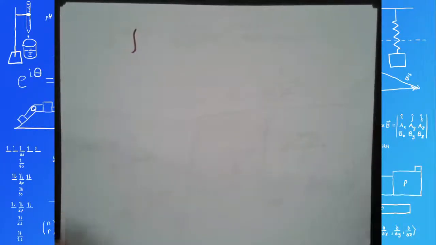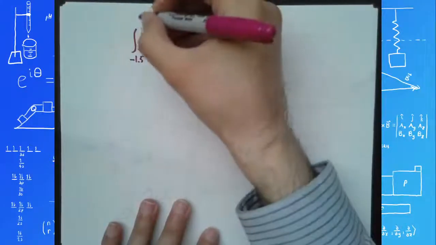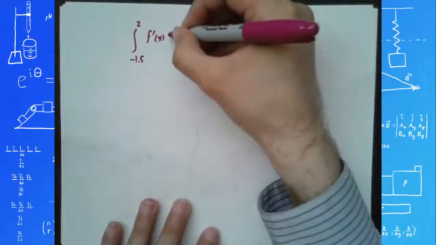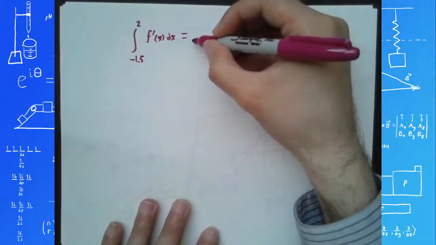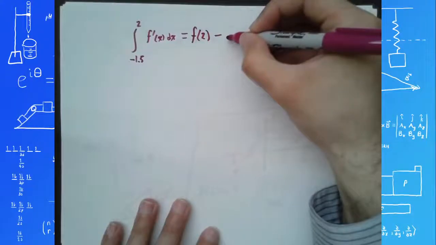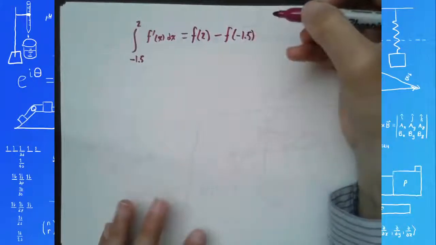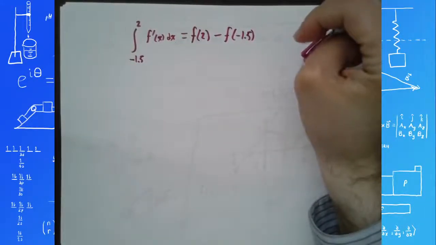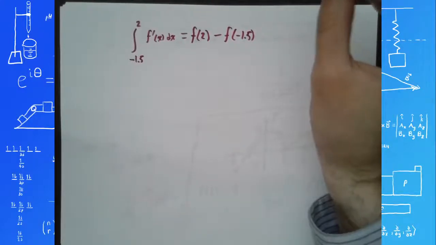The fundamental theorem of calculus tells us that the integral from negative 1.5 to 2 of f prime of x with respect to x is equal to f of 2 minus f of negative 1.5. The fundamental theorem of calculus defines the definite integral, basically.